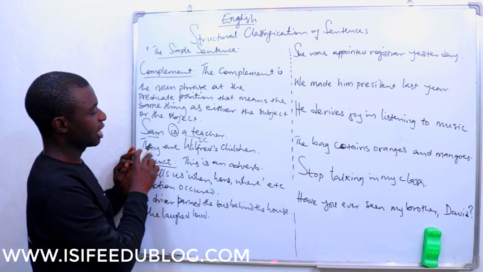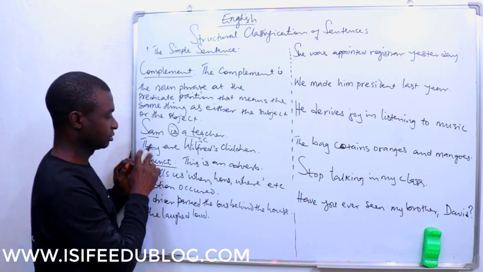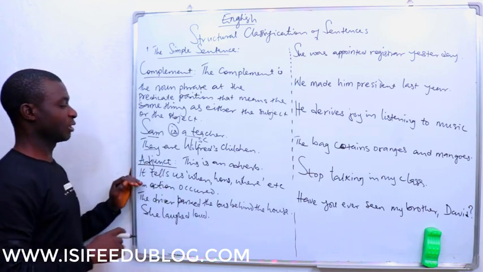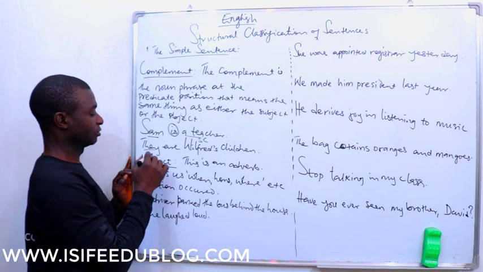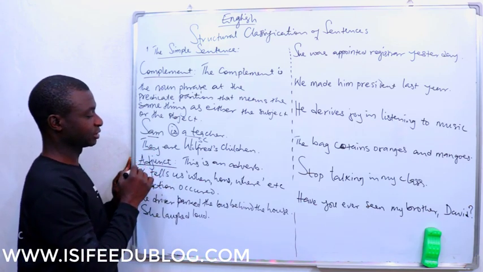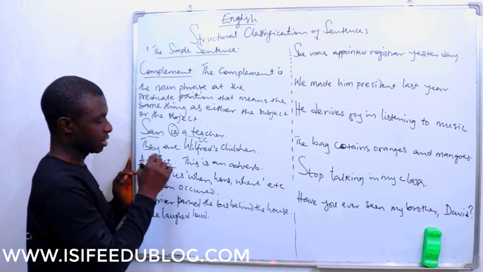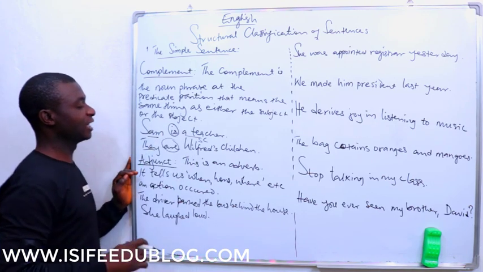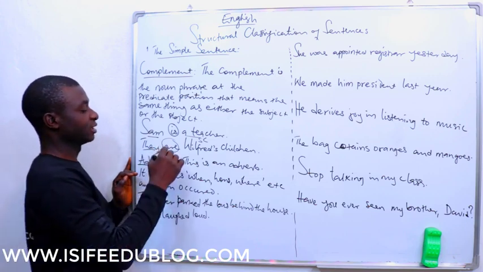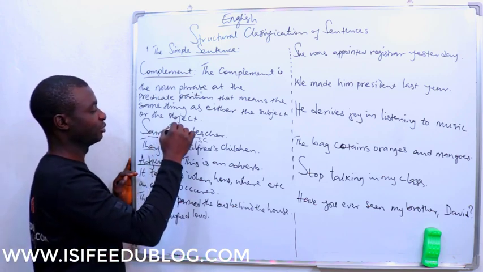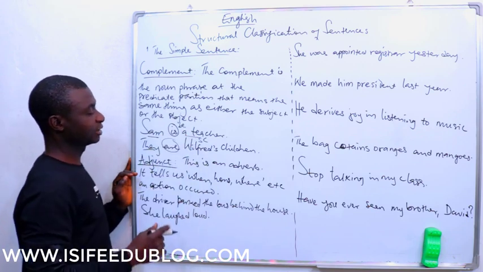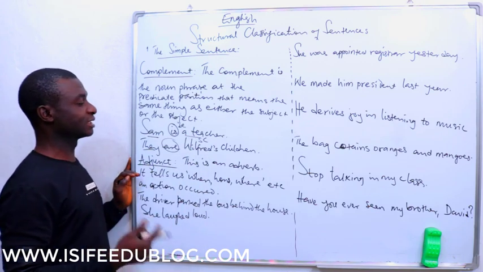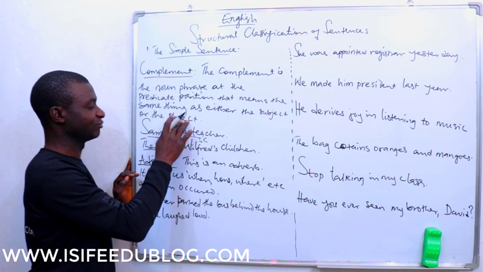They are Wilfred's children. Now, they is a subject. Are is another form of the verb is. Remember that these belong to the verb be, or to be. So they don't state actions when used as main verbs.